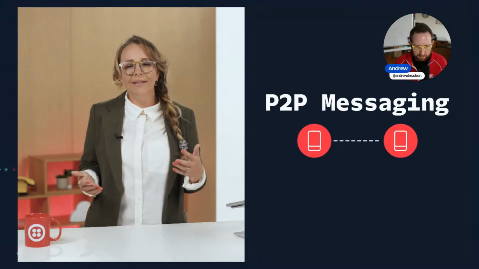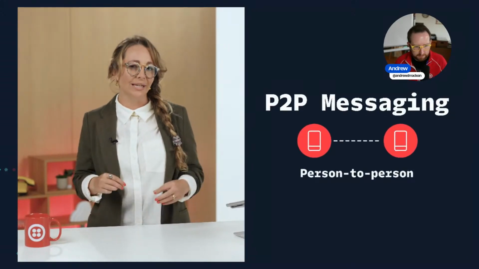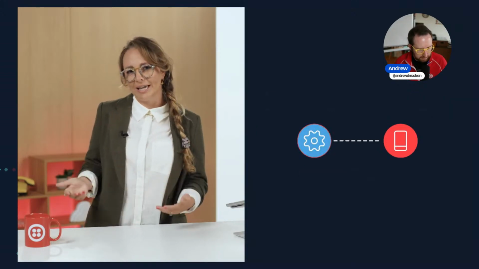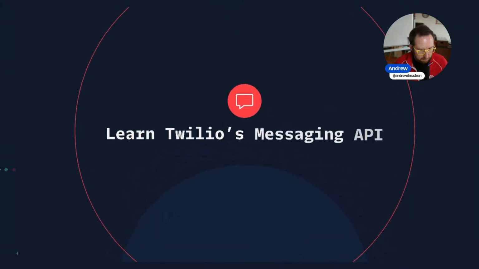Have you ever wondered how companies get these special short codes? There are different types of phone numbers, each suited for various business needs. But why does the type of number matter? Let's break it down. Take messages we send to our friends, a classic case of person-to-person or P2P messaging. But when businesses want to reach you via text, Twilio's messaging API.